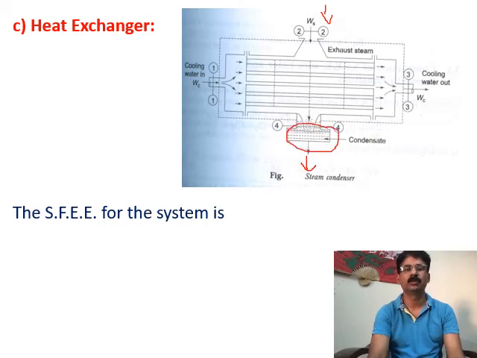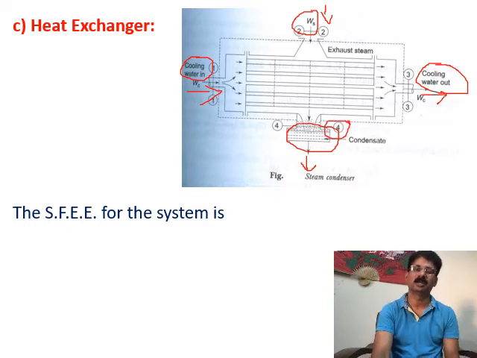In order to get condensed from the hot fluid to the condensate, it has to give out its heat. For that you have to supply cold water from this end, and it absorbs that heat and comes out here. The cooling water will be at higher temperature at the exit, lower at the entry. The hot substance is at higher temperature here, and at lower temperature after condensation.